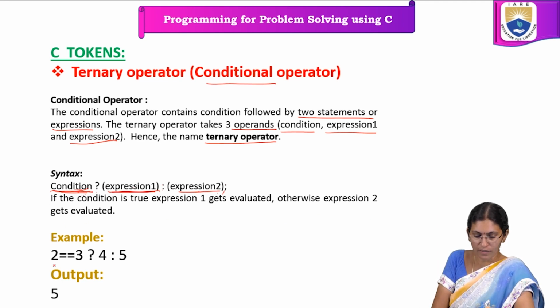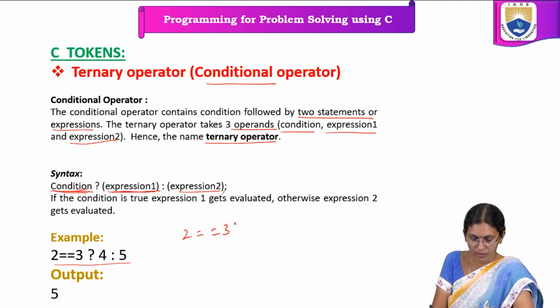For example, consider this example: 2 is equal to 3. That means this is false. This being false means that after the question mark, this is expression 1 and this one is expression 2. If it is true, the first one will be evaluated.